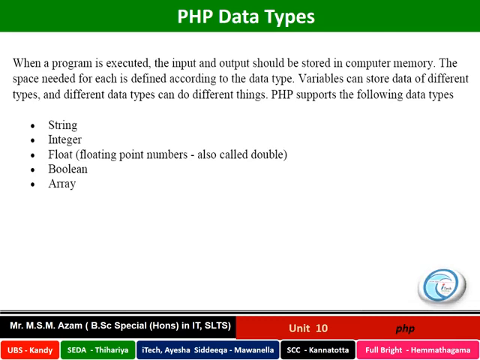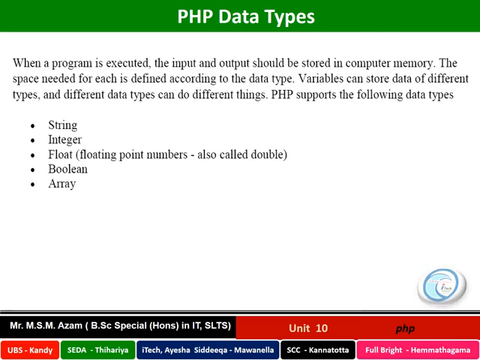In different programming languages, there are different data types. In PHP, we can find some data types. The first one is string, second integer, third one float, that means floating point numbers. They are also called double, and the fourth type is boolean, and especially there is a data type called array.